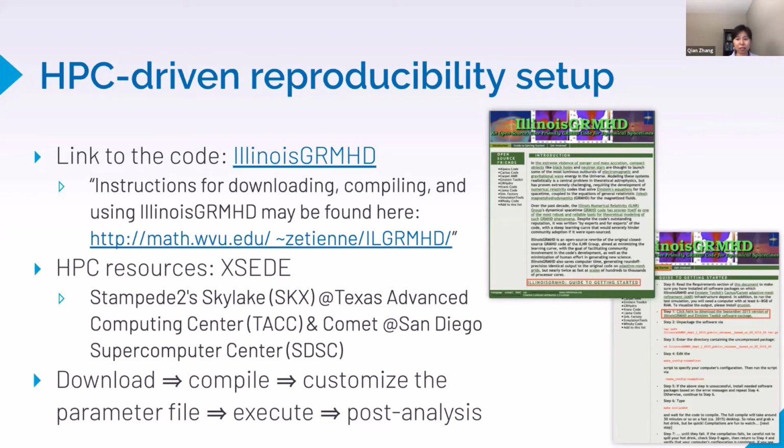After the code is successfully compiled, we customize the parameter file specific to our dedicated use case or simulation. Then we submit our jobs through a shell script to the queuing system, wait until the clusters finish the simulation, and then do the post-simulation analysis and visualization.